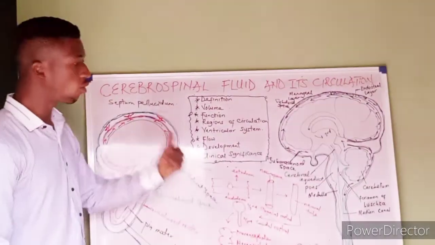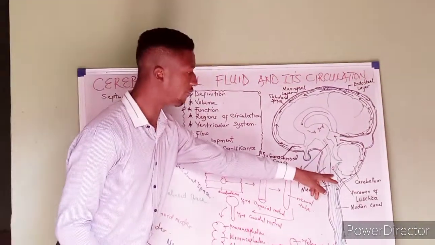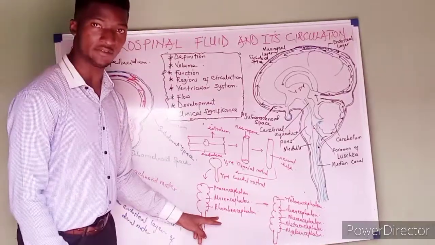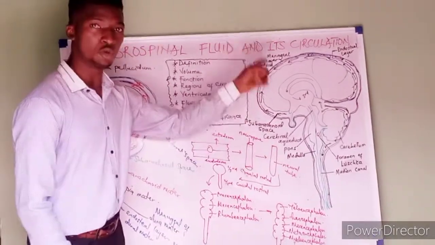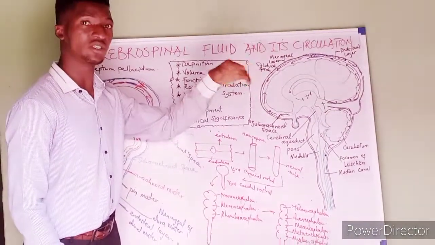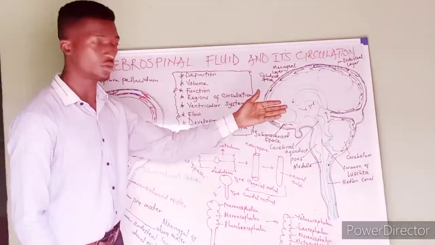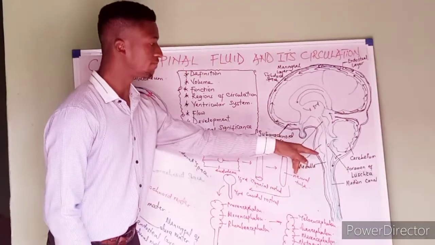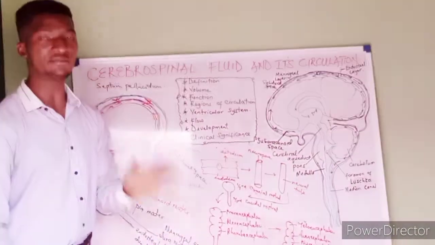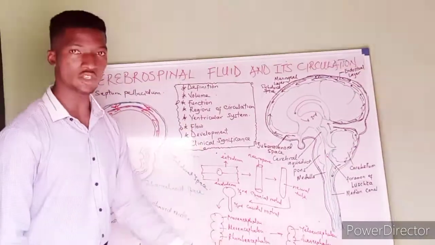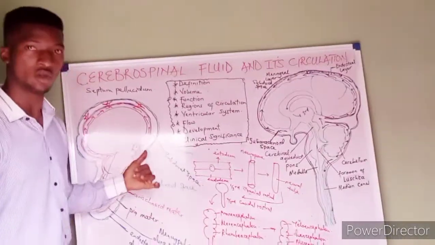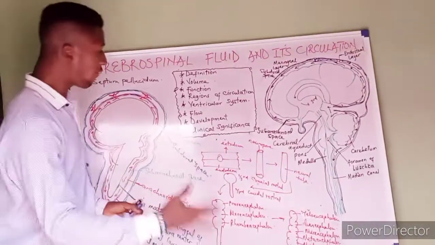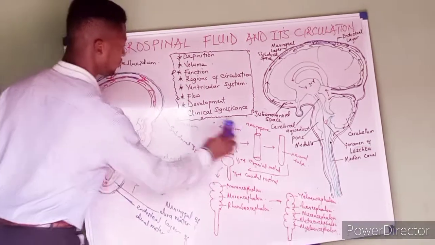The third choroid plexus is found in the fourth ventricle during development. The first one is found in the rhombencephalon. The second is found in the right and left lateral ventricles, which are also referred to as the first and second ventricles, while the third choroid plexus is found in the fourth ventricle. In a nutshell, it is simply stated that what is responsible for the secretion of cerebrospinal fluid is the choroid plexus. What forms the choroid plexus?